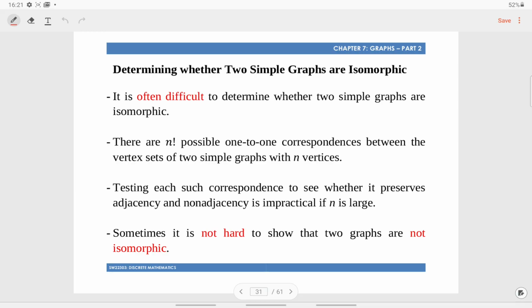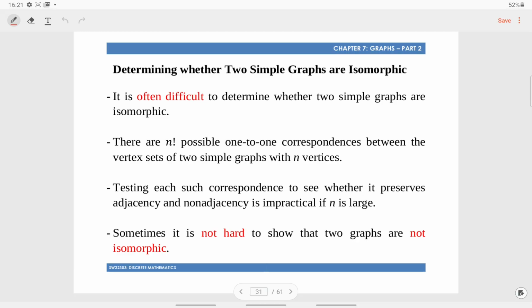Previously we were dealing with simple graphs G and H, so of course it was easy to determine. But in most cases, it is difficult to determine the isomorphic properties of graphs.